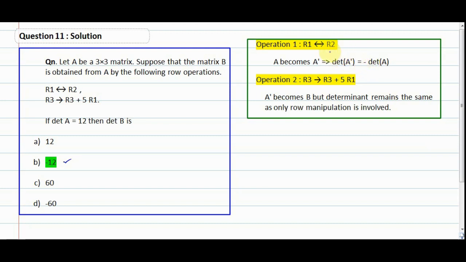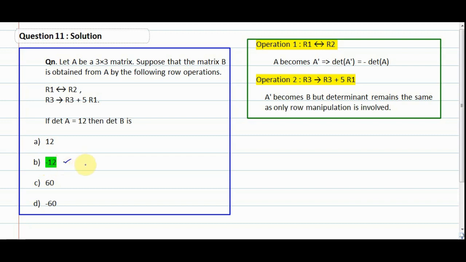Now the second operation is a row manipulation, where row 3 is changed as row 3 plus 5 row 1. When we do this kind of row manipulation, determinant value will not change, so it will remain same as that of the previous one. Therefore the final answer will be minus of determinant of A, and that will be minus of 12. So the correct answer is given by option B, minus 12.